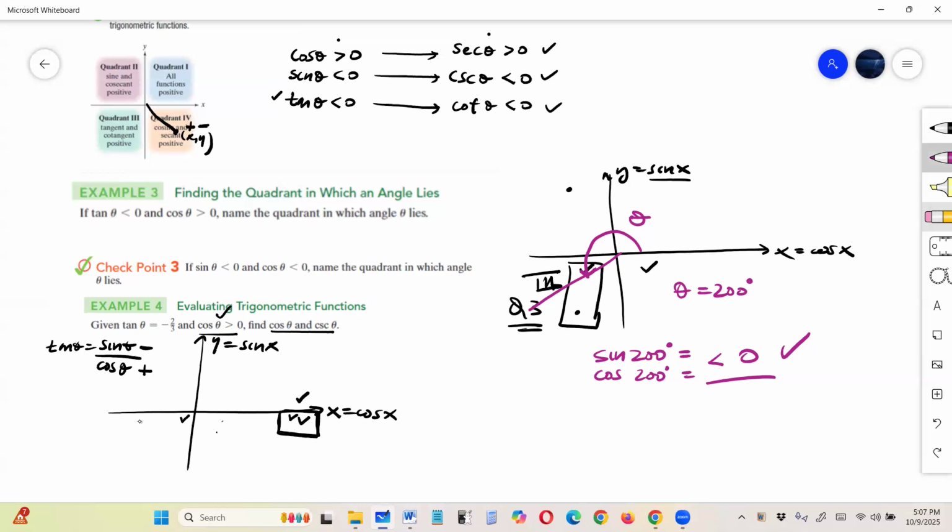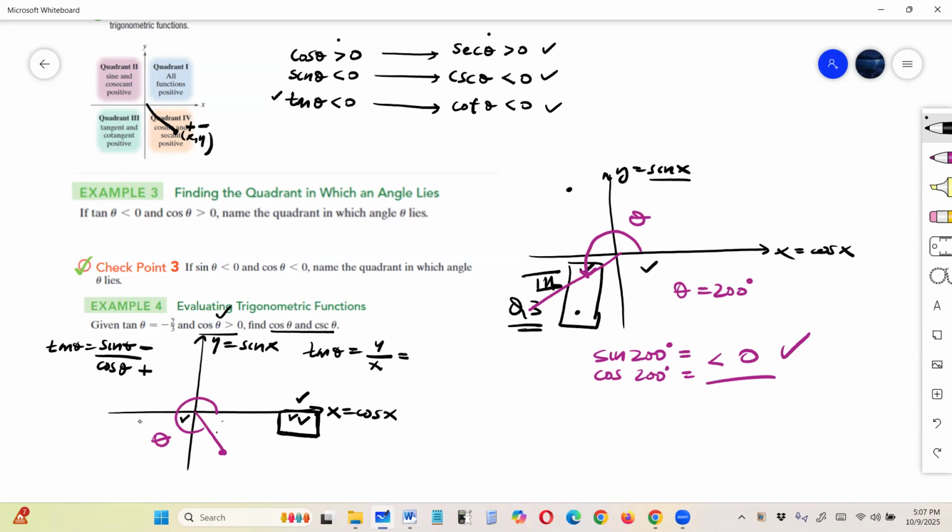So I'm going to draw it here. This is my angle, I'm going to call it theta. It's in the fourth quadrant right here. And I also know that, from the definition we had before, tangent of theta is y over x.